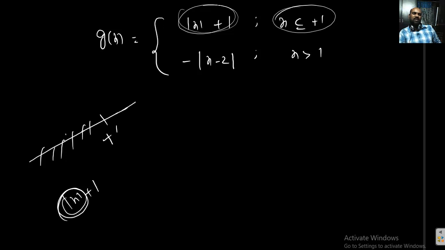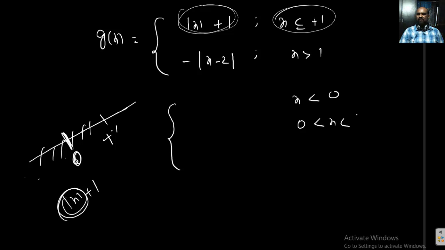Less than 1 means somewhere here is 0. So I split x less than or equal to 1 into two pieces: minus infinity to 0 is one piece, 0 to 1 is another piece, because for x less than 0, mod of x gives minus x, and for 0 to 1, mod of x gives x only. That's why this can be written as x less than 0, 0 less than x less than 1. So 0 is not included here, and not here either. Somewhere you need to include it, here I included it.